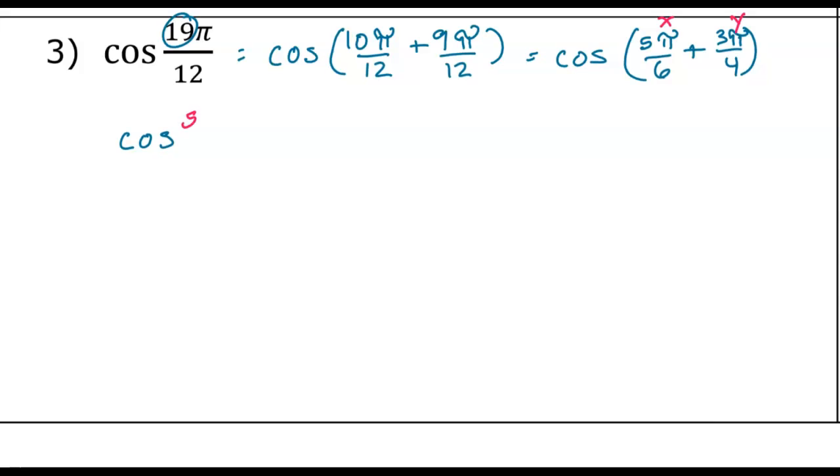So we have cosine of the x value, 5 pi over 6, times cosine of the y value, which is 3 pi over 4. Then the identity states that this is now a subtraction of sine of x, 5 pi over 6, times sine of the y value, 3 pi over 4.